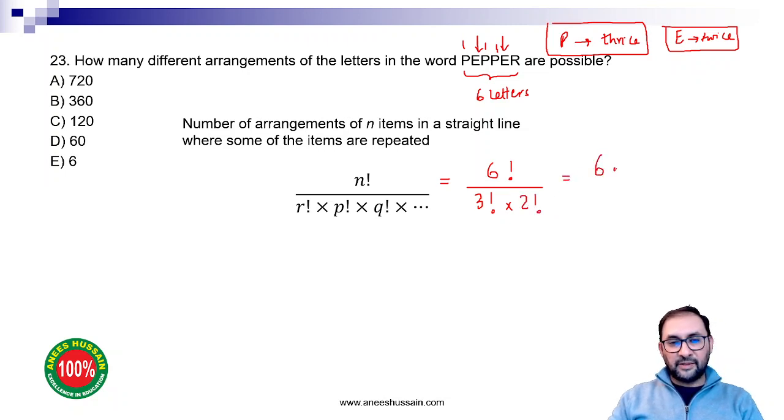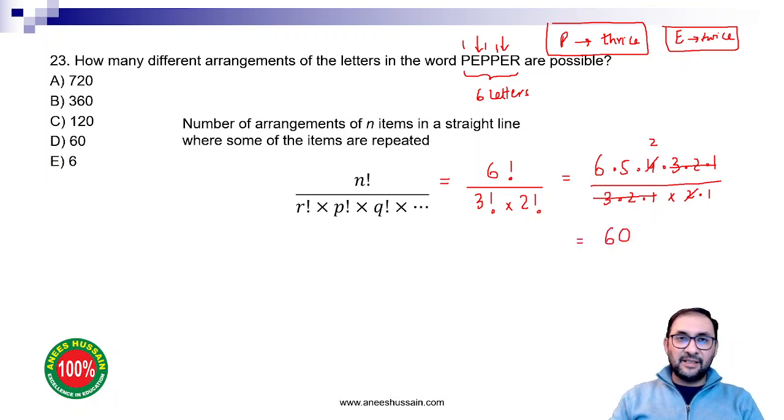So 6 times 5 times 4 times 3 times 2 times 1 divided by 3 times 2 times 1 times 2 times 1. Eliminate whatever you can, make your job simple. So it becomes 6 times 5 times 2, which is equal to 60. So there are 60 arrangements of the letters in the word pepper. Option D is the right answer.